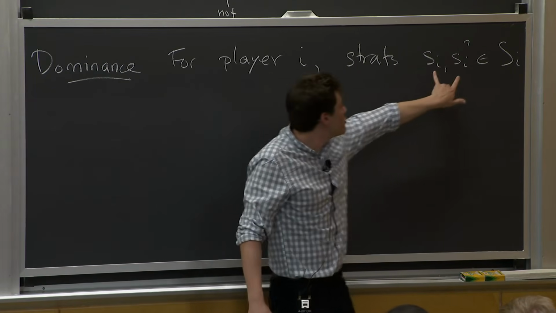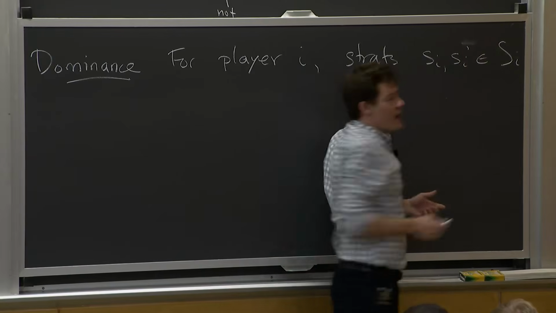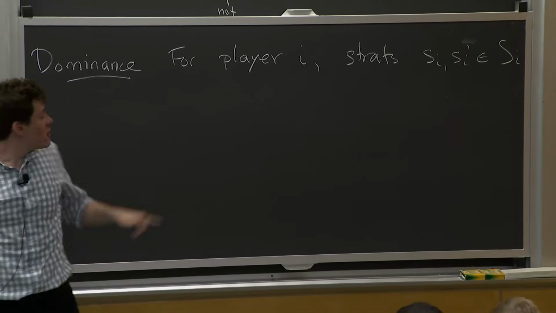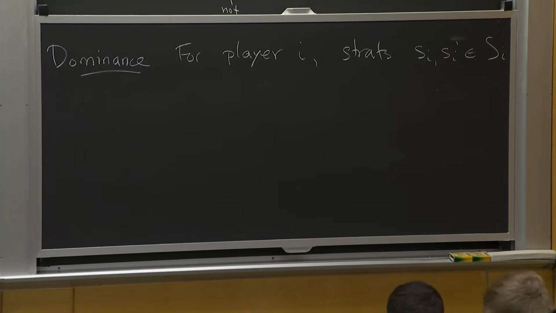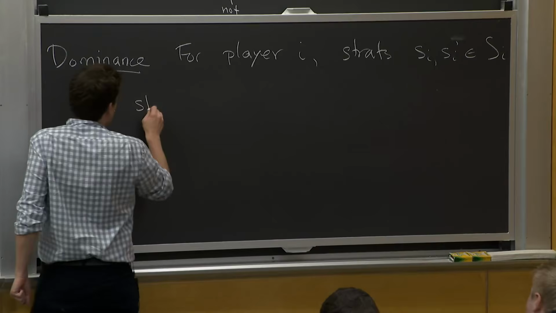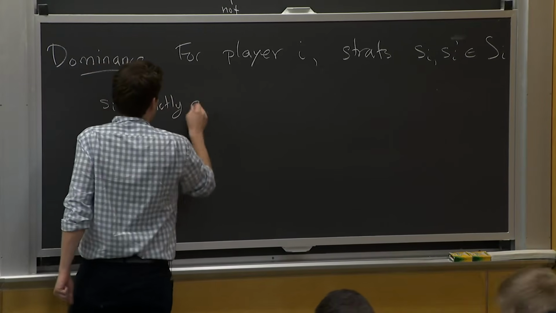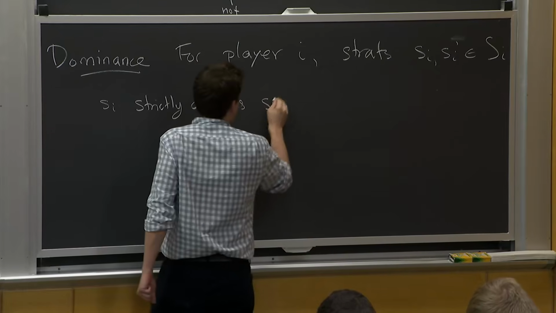They could be the same, but 2 strategies of player I. This is a prime here. And I want to formally define what it means for strategy Si to strictly dominate strategy Si prime. Sorry, I may have said S-I. I mean Si prime. Sorry.